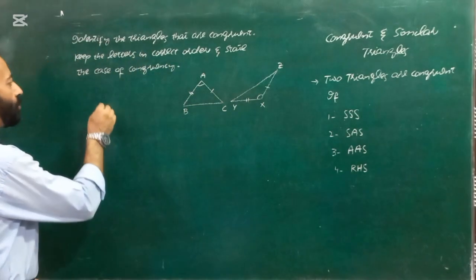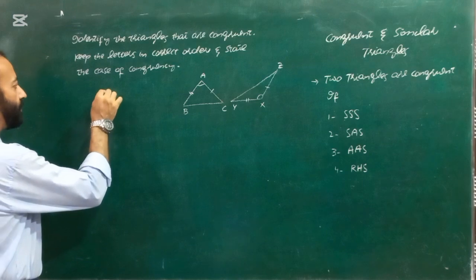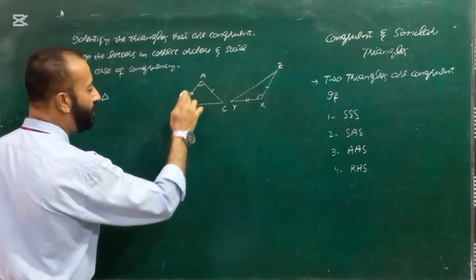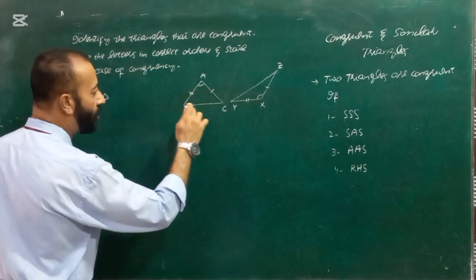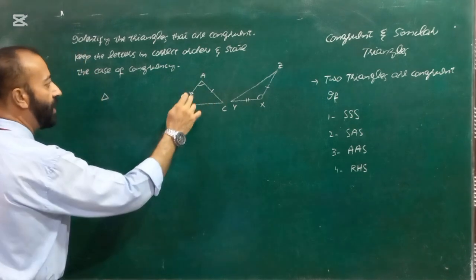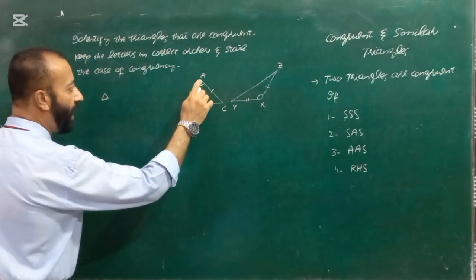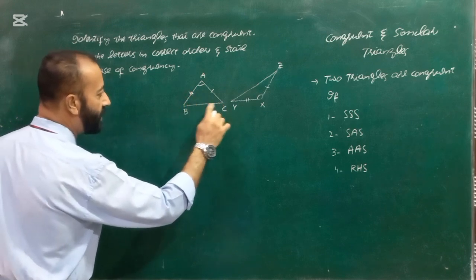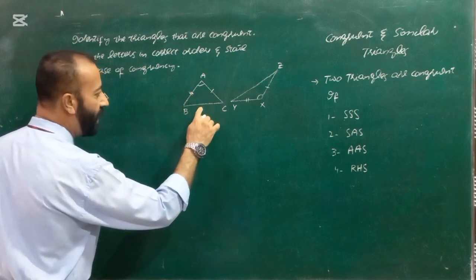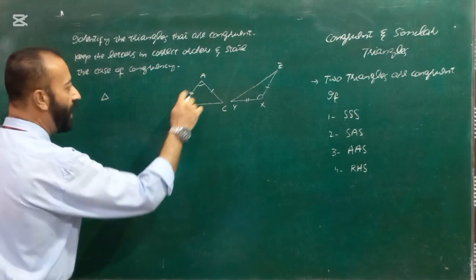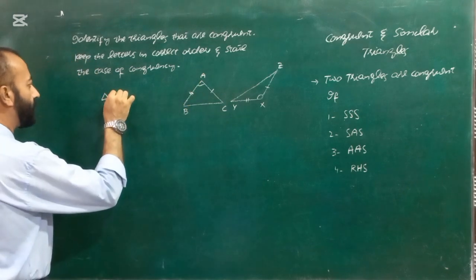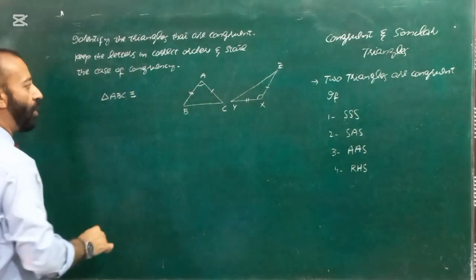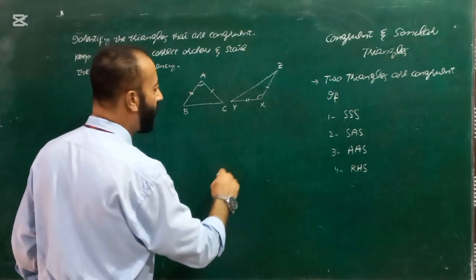And the method to write congruent is triangle ABC. Look now, we keep the order of the letters A, B, C. So actually we are moving from the angle towards the double angles, then the side without the lines. So A, B, C. We have to keep the same order in the other triangle also.